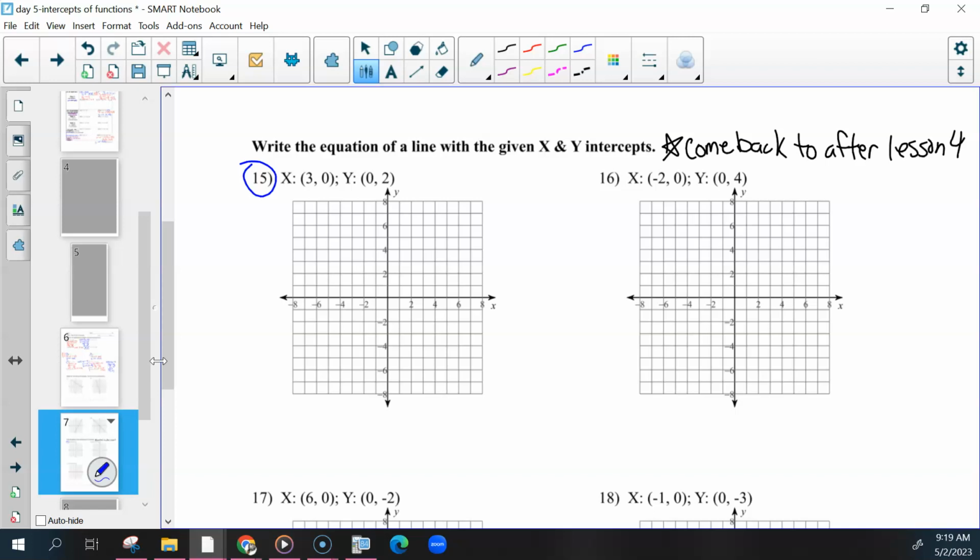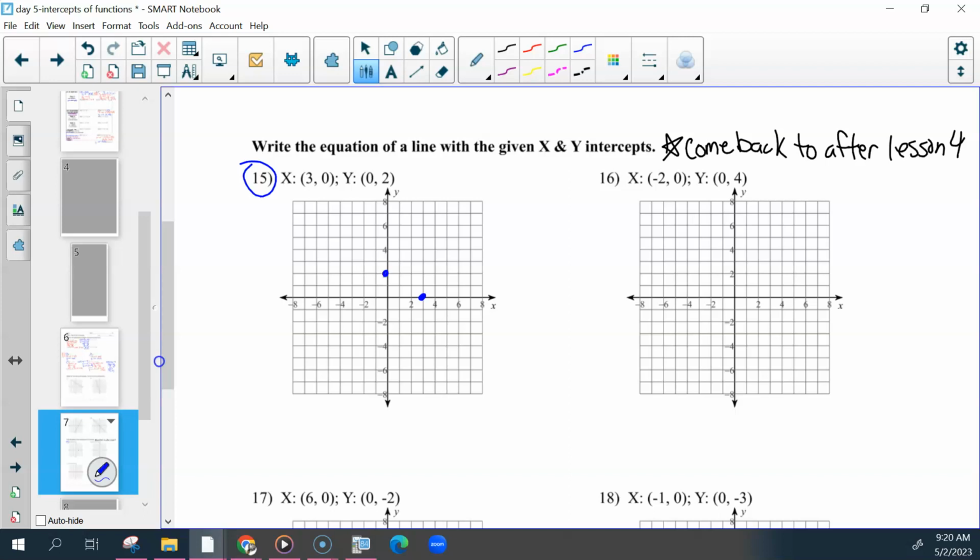So this one combines knowing how to find or graph your intercepts and being able to find your slope and write the equation of the line. So you can do this 2 different ways, using the graph or not using the graph. I'll show both. If we use the graph, plot both points at 3, 0 and 0, 2.